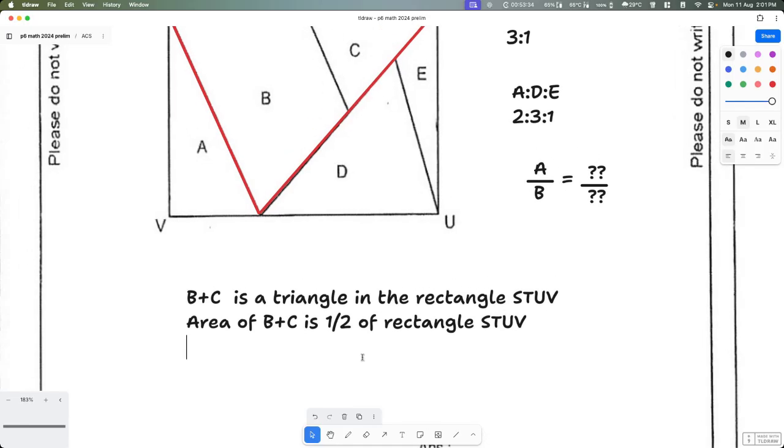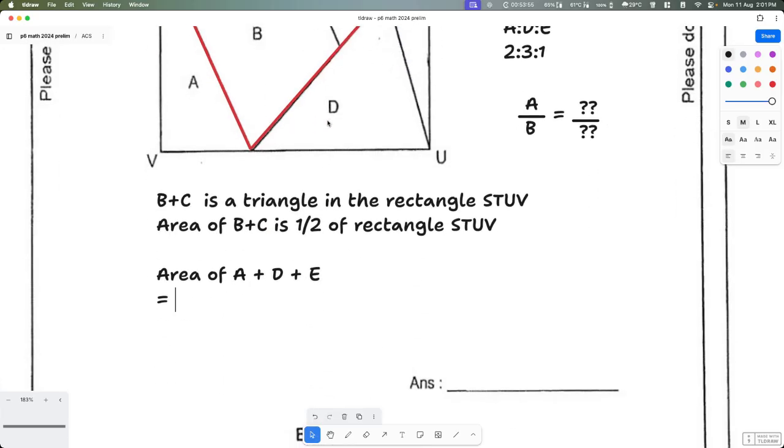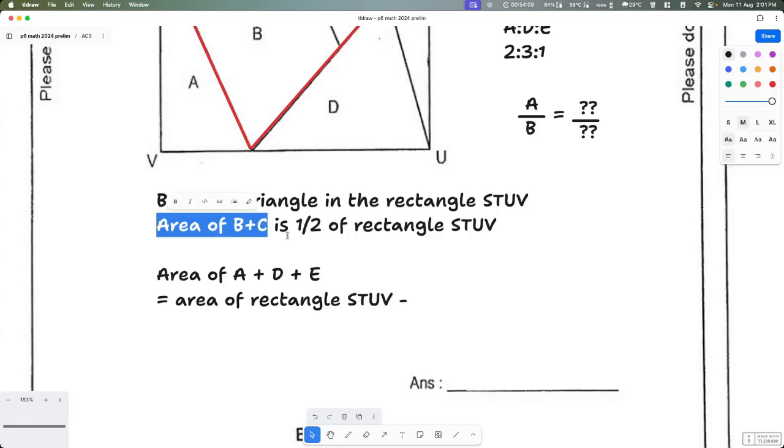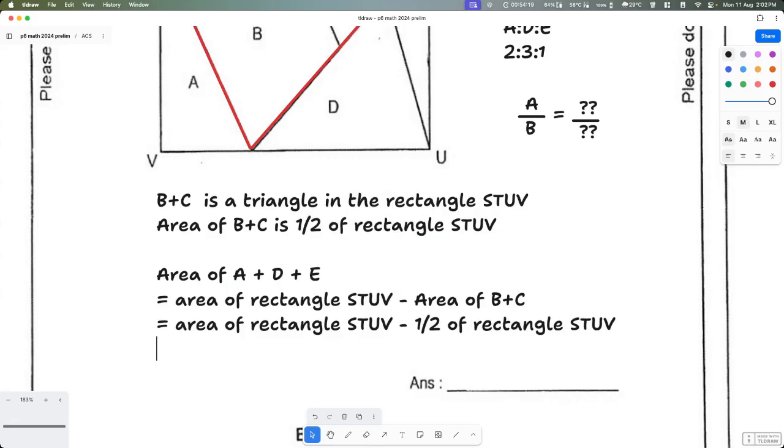So that means the area of A plus D plus E is equal to the area of STUV minus the area of B plus C, which is also the same as the area of rectangle STUV minus half of rectangle STUV, which means this is equal to half of rectangle STUV.